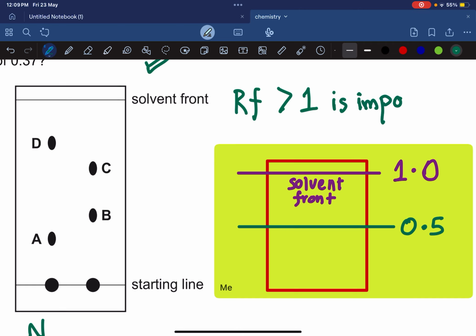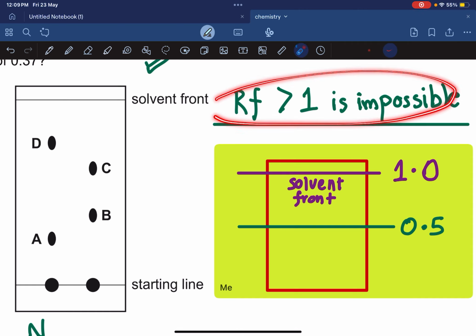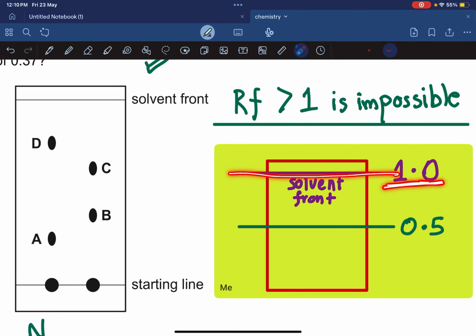If you ever get an RF value that's coming greater than 1, remember that you have used the wrong formula, because RF value can never be more than 1. Why? Because 1 is the RF value for the solvent front. Obviously your spot is going to be below the solvent front.